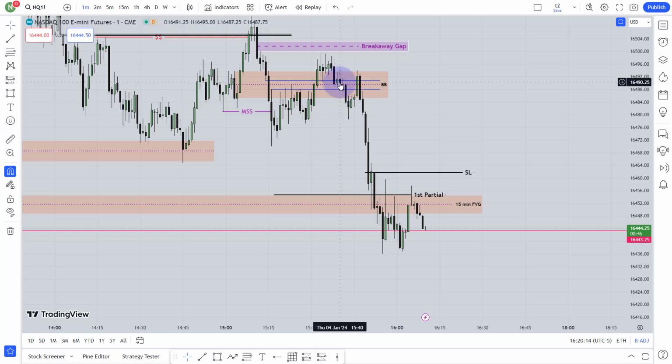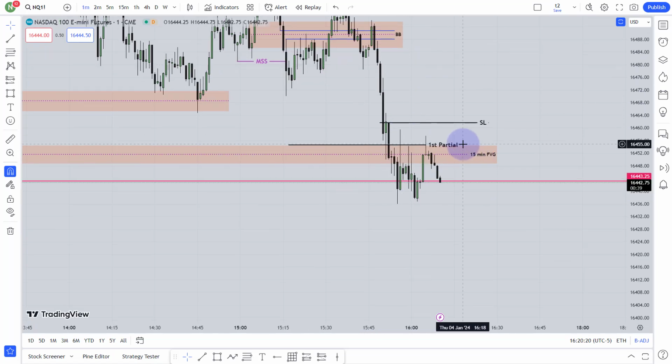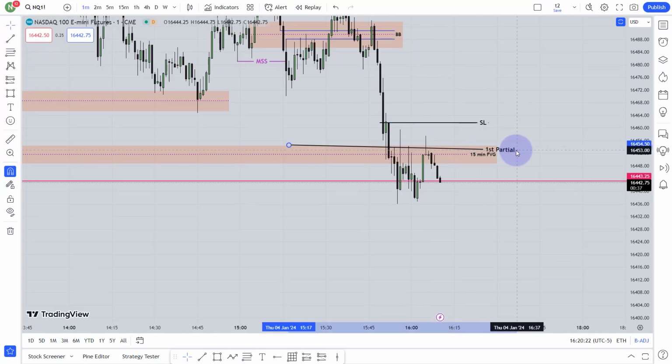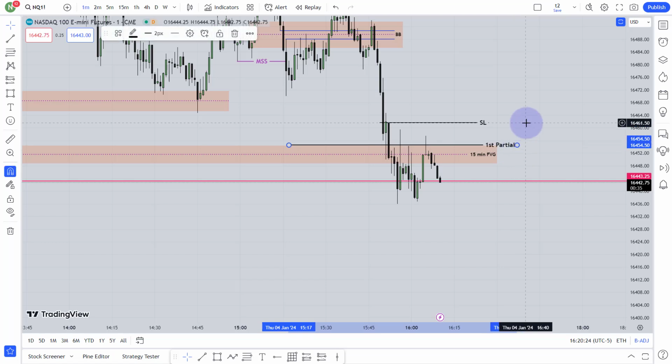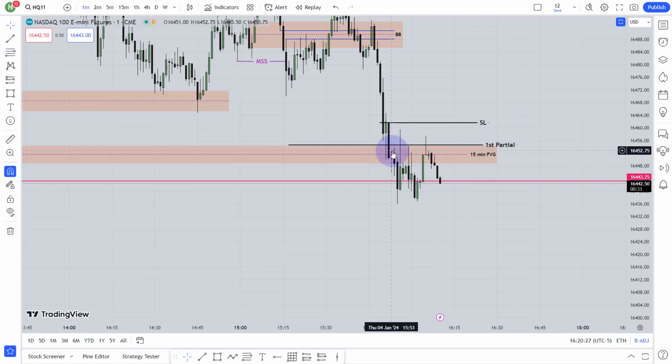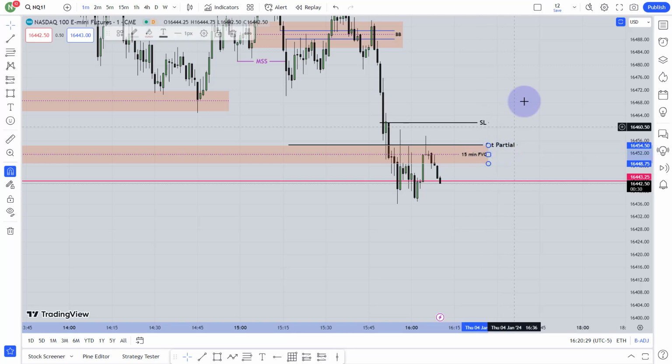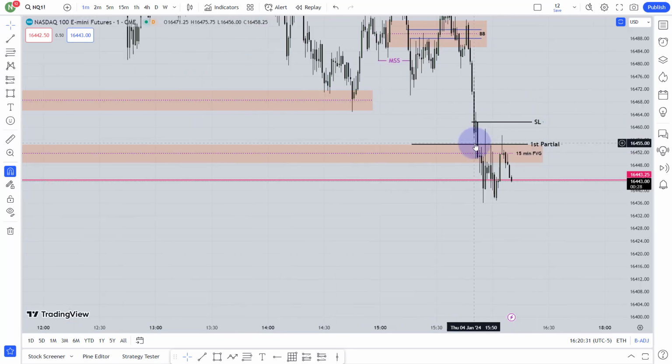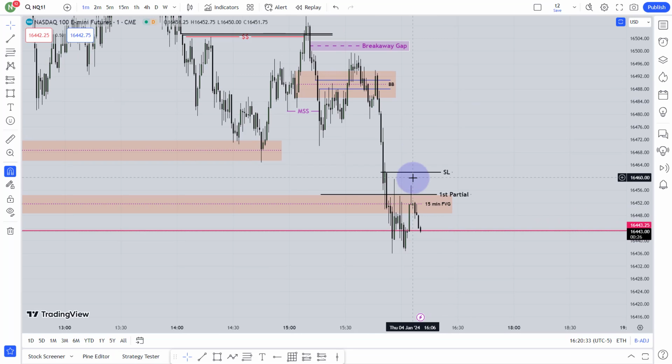It went through this fair value gap and the breaker one more time, then it went above one more time, then boom, it fell. I have marked this as my first partial. Why have I marked it as my first partial? Because this is the last 15-minute fair value gap. Price can come to the top of this 15-minute fair value gap, then it can retrace.